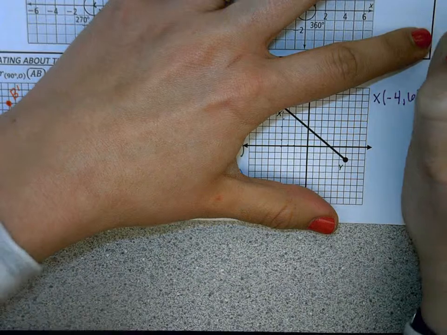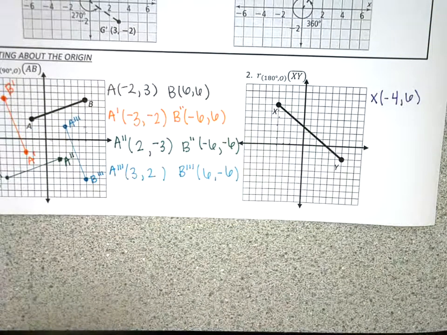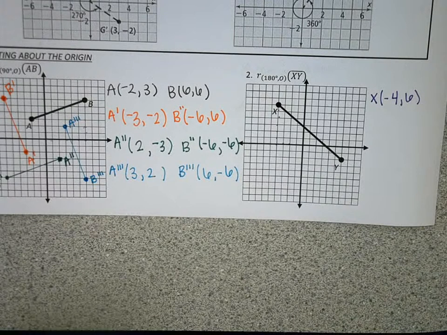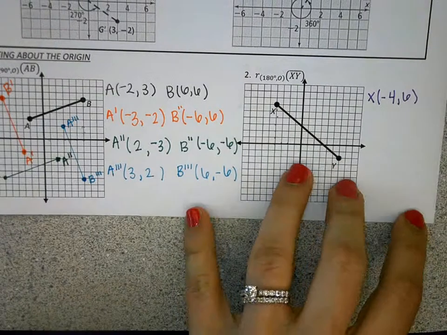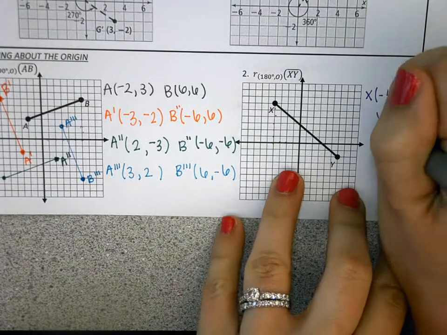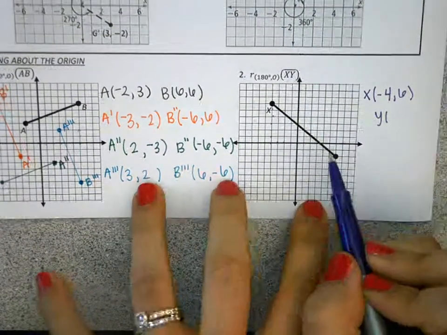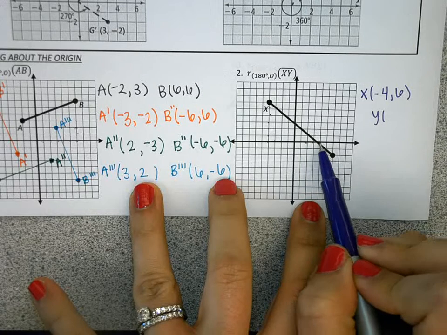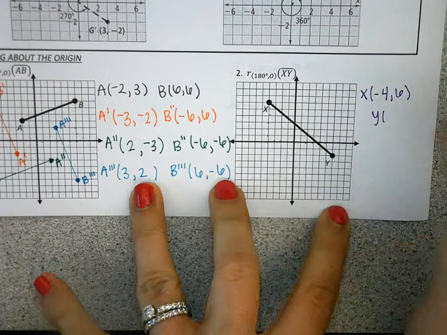Okay? So always start with writing the X and the Y coordinate. The other Y coordinate is at negative 2.